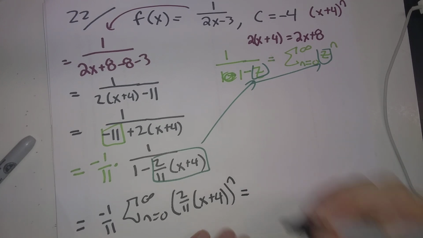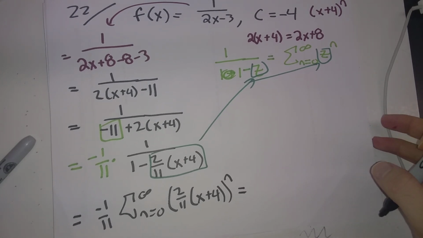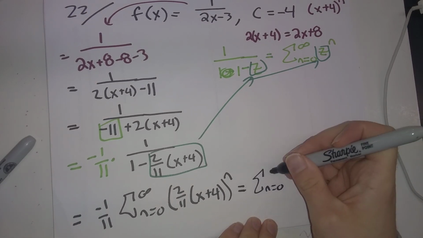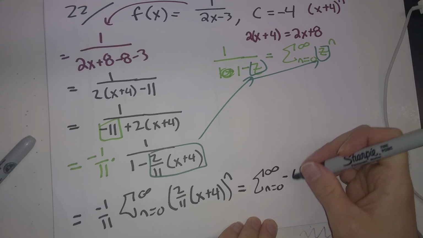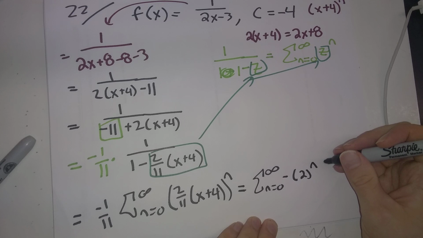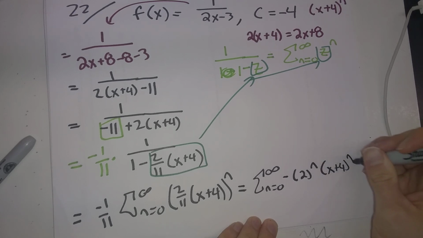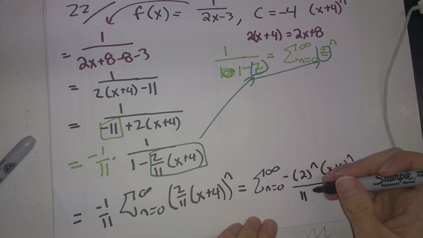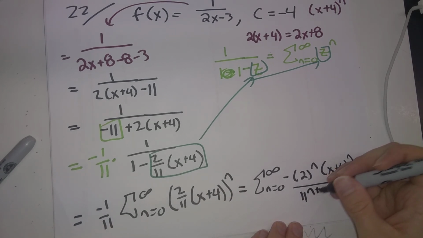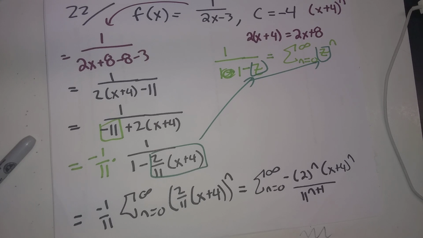If we want to simplify this a little bit, we can write the sum n from 0 to infinity of minus 2 to the n times x plus 4 to the nth power over 11 to the n, but there's an extra factor of 11 out here, so it's 11 to the n plus first power. That's what we end up with. So here's our Taylor series of the function centered at c is equal to minus 4.